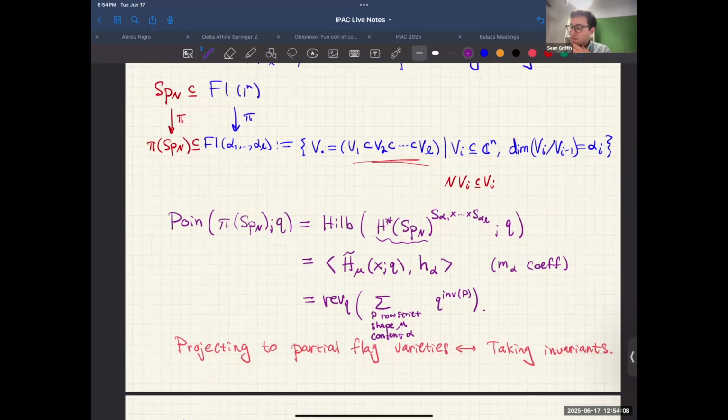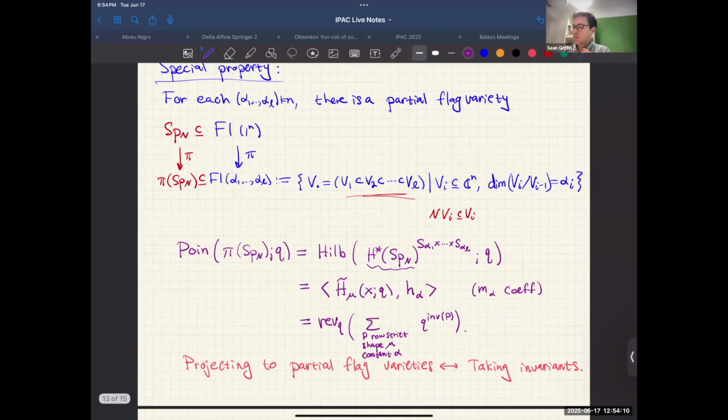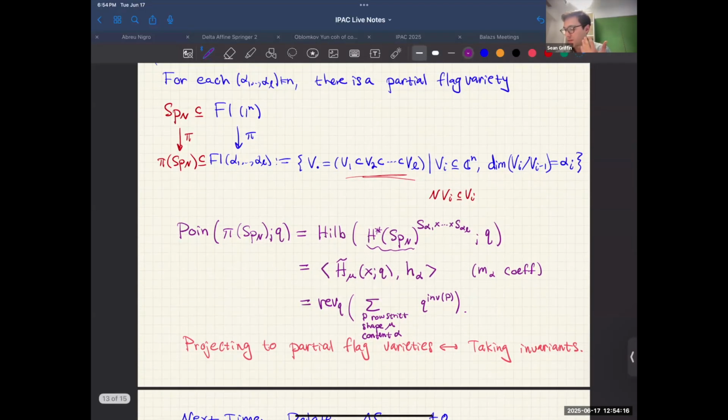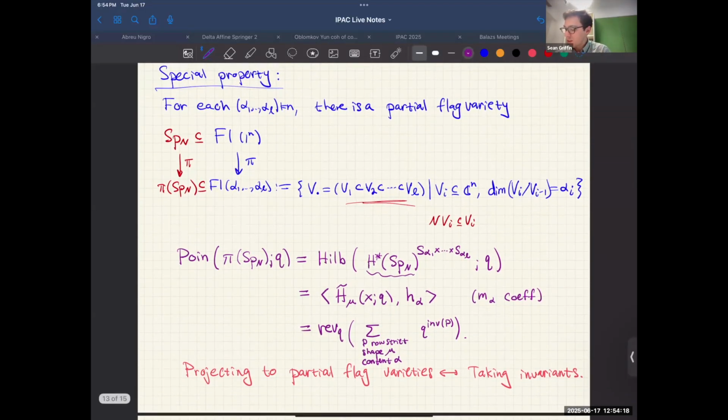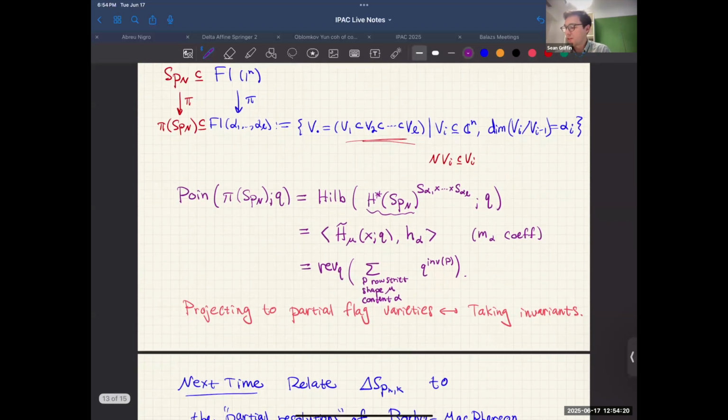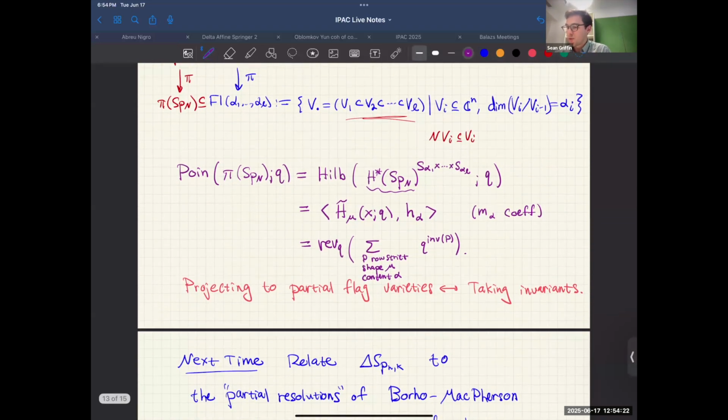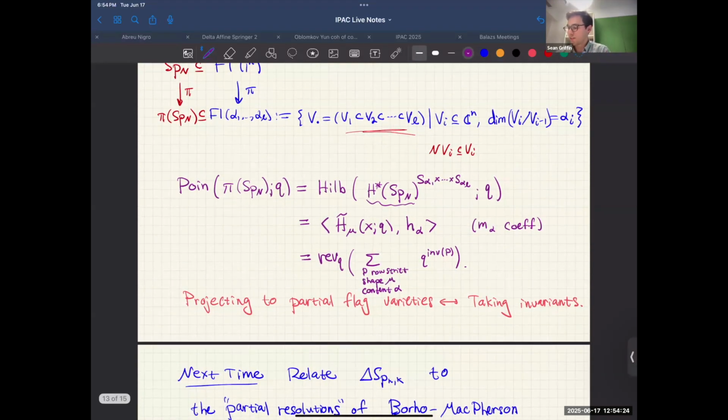So that's basically how the geometry of Springer fibers relates to the representation theory or the symmetric function theory. So the moral is projecting to partial flag varieties corresponds to taking invariance, because of the functoriality of how these things are defined.